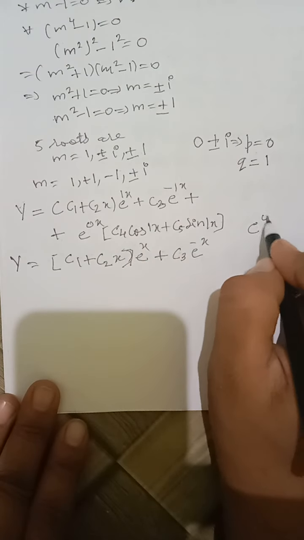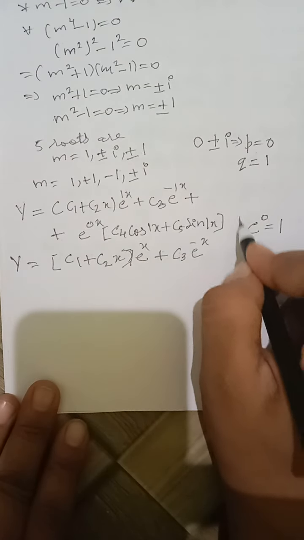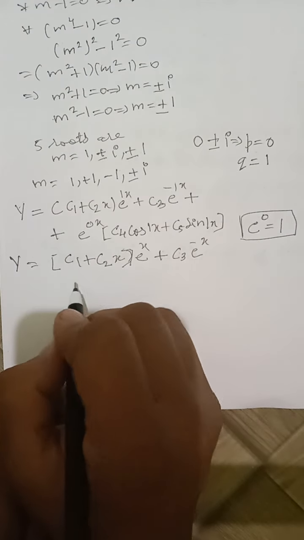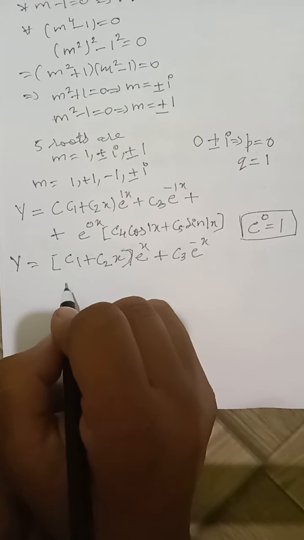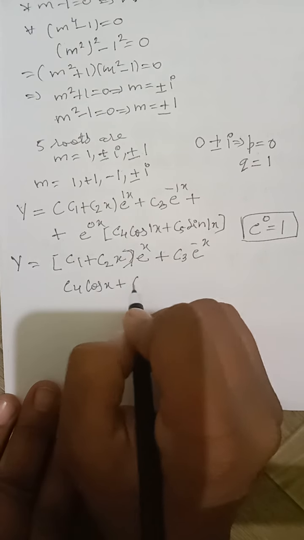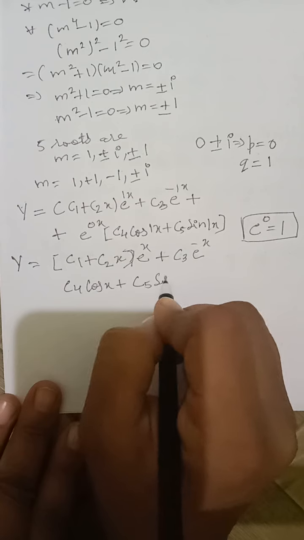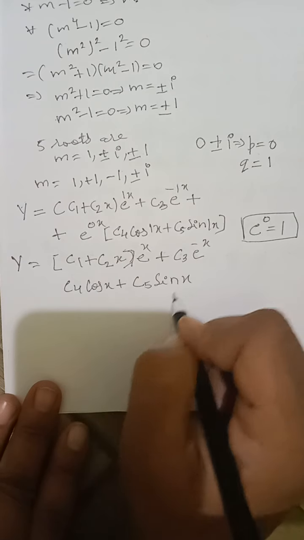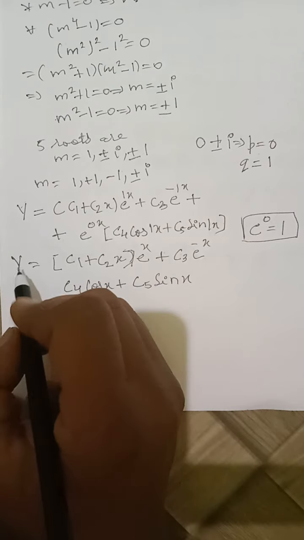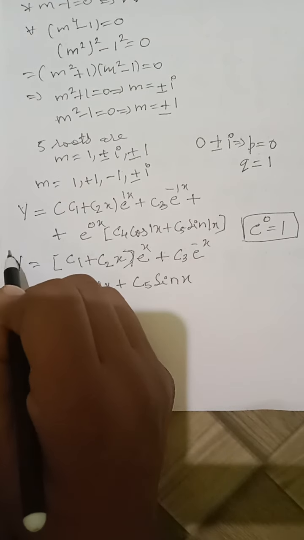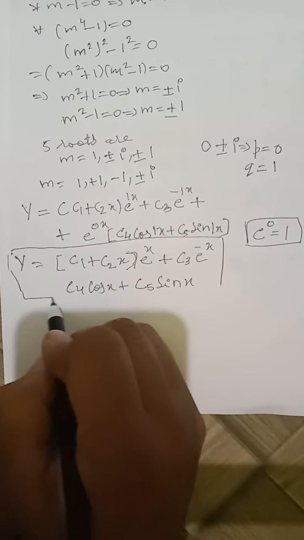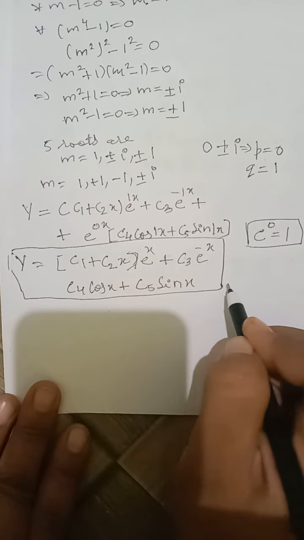We know the value of e raised to 0 is 1. So substituting, you will remain with c4 cos x plus c5 sin x. This is the required solution. This is the final answer for the given homogeneous differential equation.